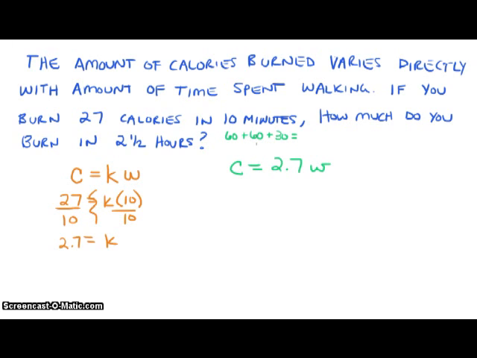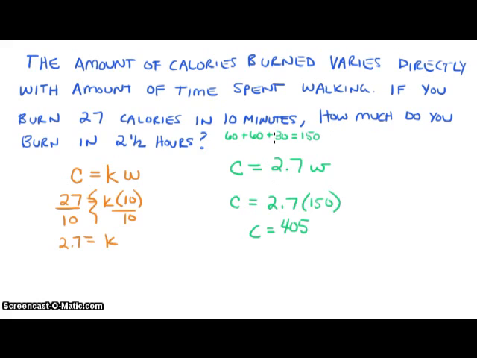So 60 plus 60 is 120, plus 30 is 150 minutes. So if I plug 150 minutes in for the time, I can figure out how many calories I burn. So calories is equal to 2.7 times 150. So calories is equal to 405.